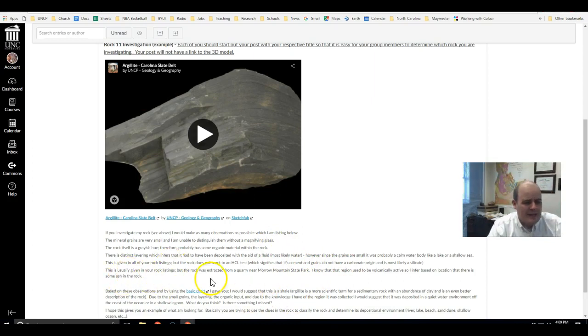And based off of what I know about this area, which a lot of the rocks will tell you where the rock was extracted from or sampled, I know that this area is volcanically active, so I infer there may be some ash in the rock, which there is, because I know enough about the rock. And this rock here, I actually call argillite, and I've labeled this one as such.